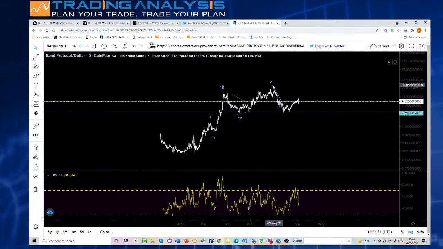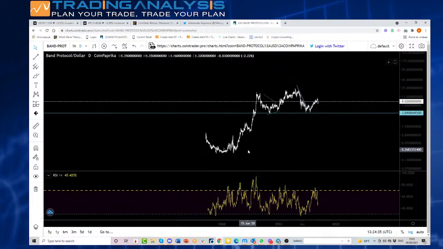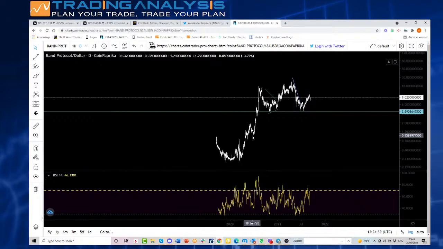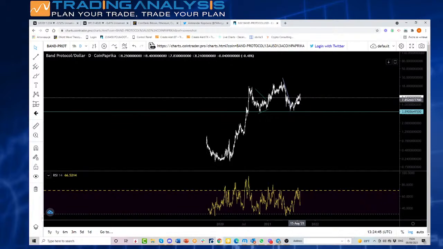Yeah, so let's try to develop this one from the beginning. This really looks like a five-wave move with a possible advance on the upside, but we still don't have a confirmation, okay? So I will be careful with this one.